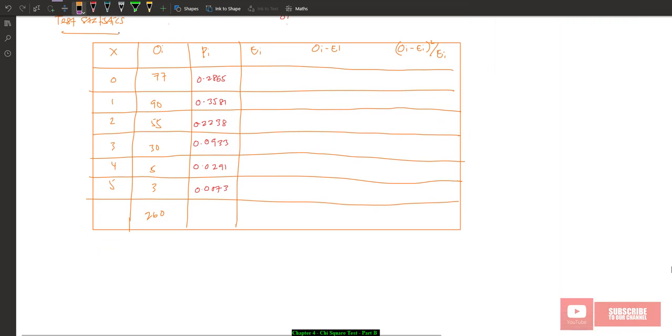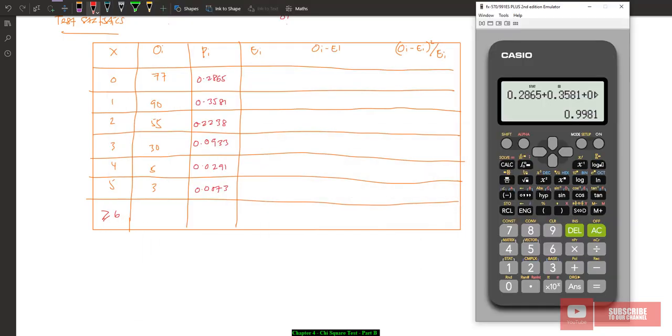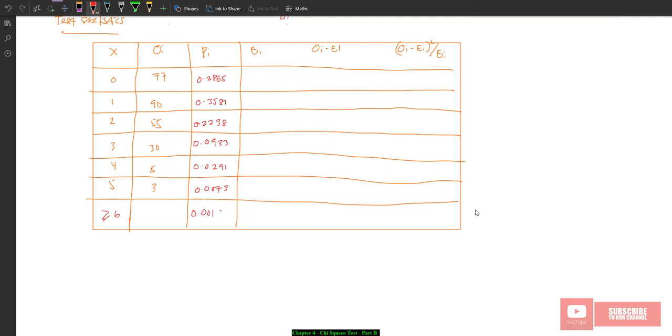Obviously there are no observed values here, and the probability is going to be 1 minus the sum, and the answer should be 0.0019. Now the total probability should be equal to 1. The total is 260, and there are no values of more than 6, right?